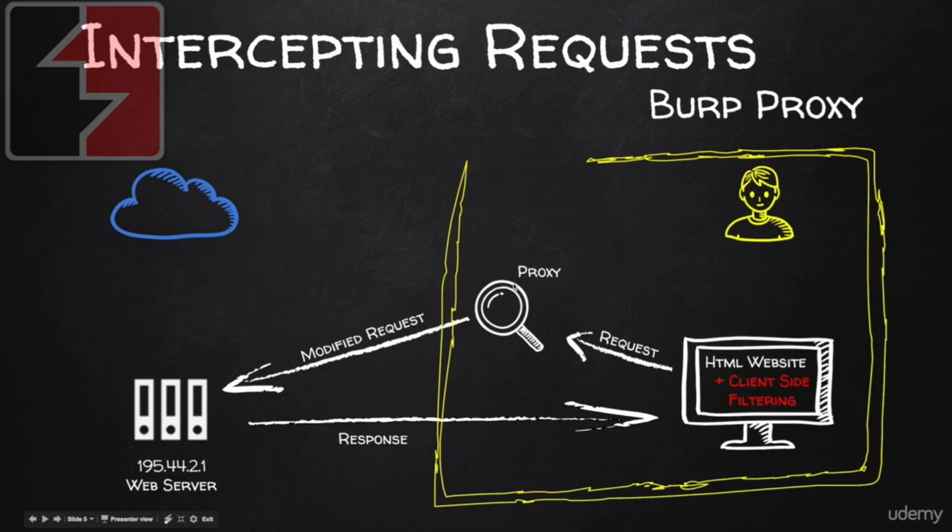It's going to go to Burp proxy, and right here, when it comes to here, we're going to modify it and add our dangerous special characters that will allow us to bypass authentication or run code on the target website. Once we do that, we're going to send it to the server, which will execute it and send it back to us. So using Burp, we're going to be able to bypass client-side filtering. Let's go back and see how we're going to do this.